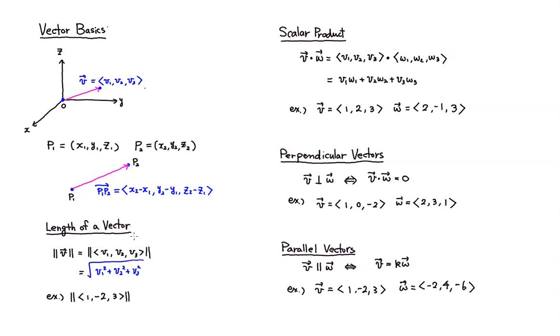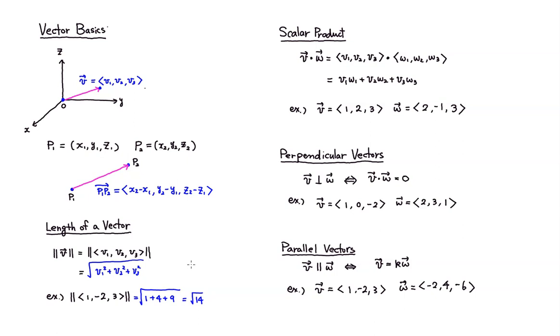For example, with the vector 1, negative 2, positive 3, put the big square root: 1 squared is 1, negative 2 squared is positive 4, and 3 squared is 9. So this is the square root of 14. We can easily find the length of the vector.